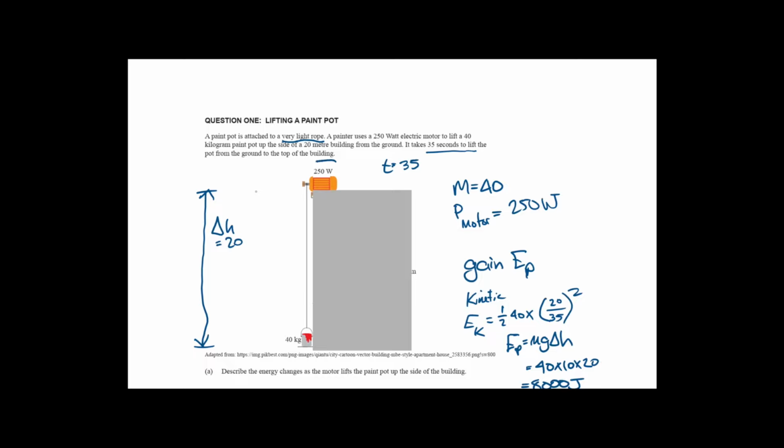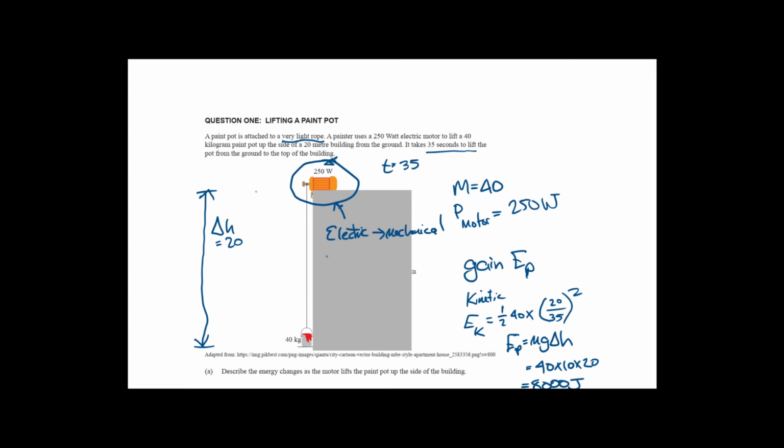Now the motor here, this is going to be converting electric energy into mechanical energy. Okay, and it's going to do that at a rate of 250 watts.